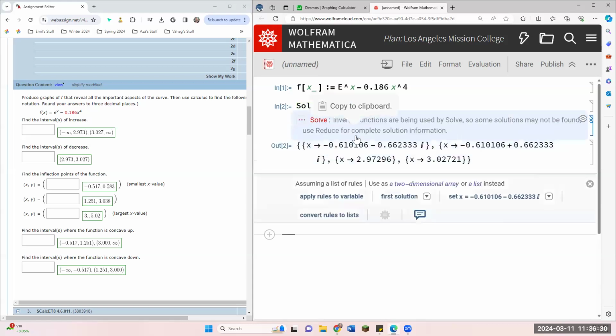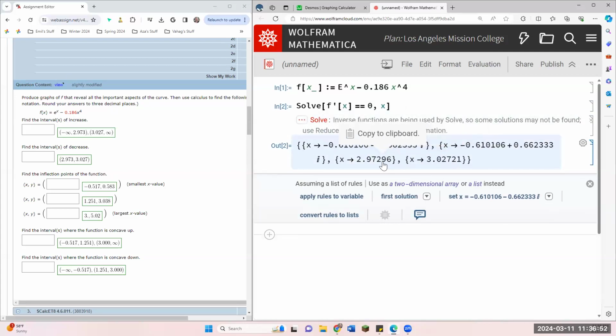We can see that we have a couple of solutions here. Two of them are complex in nature, but two of them are real: 2.97296 and 3.02721. So it appears that the derivative is equal to 0 at these points.